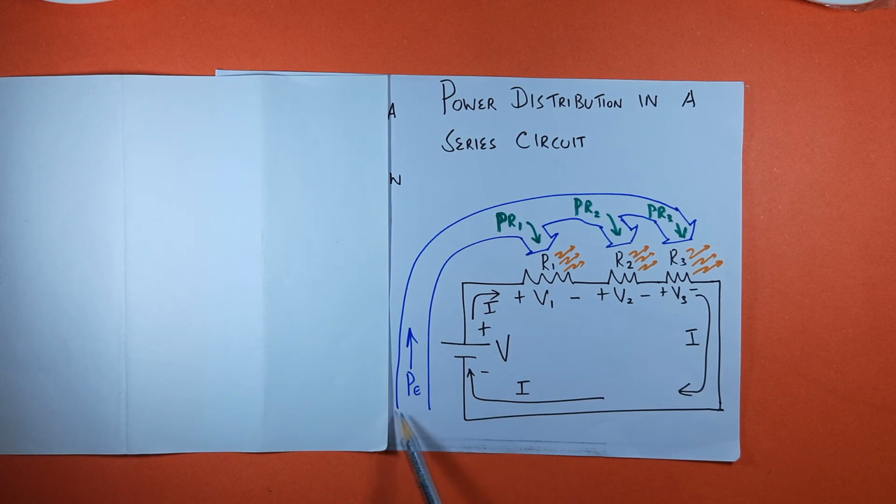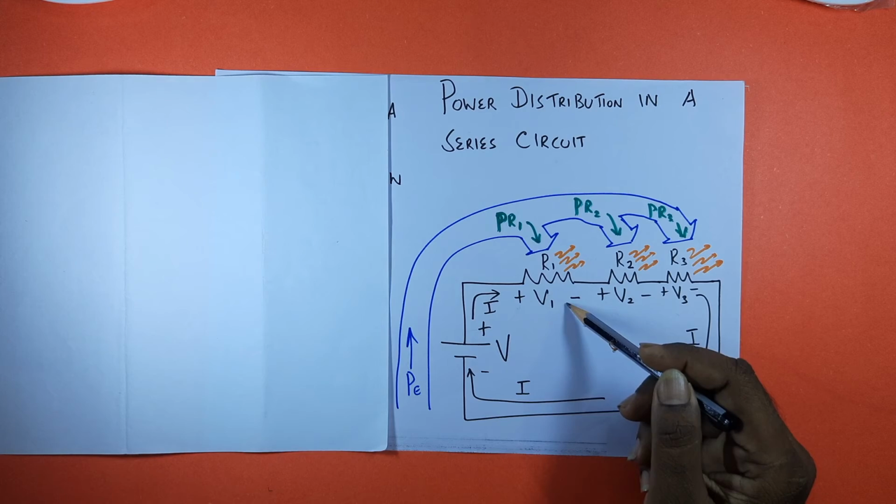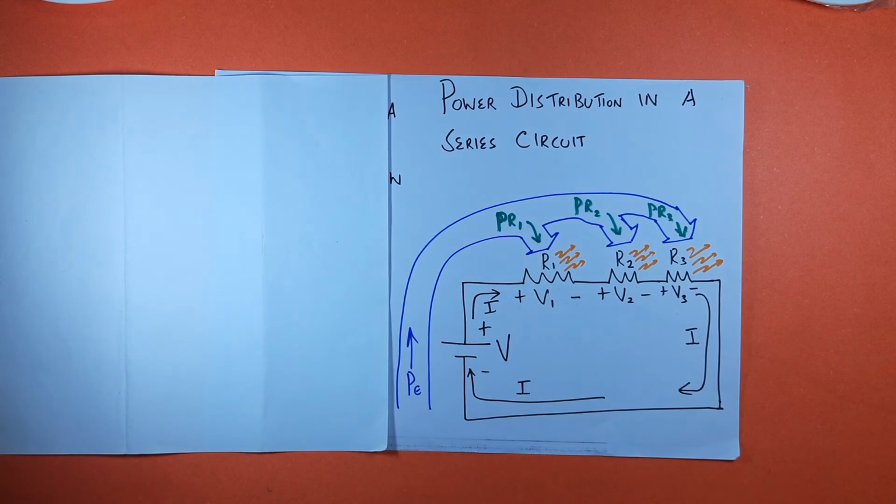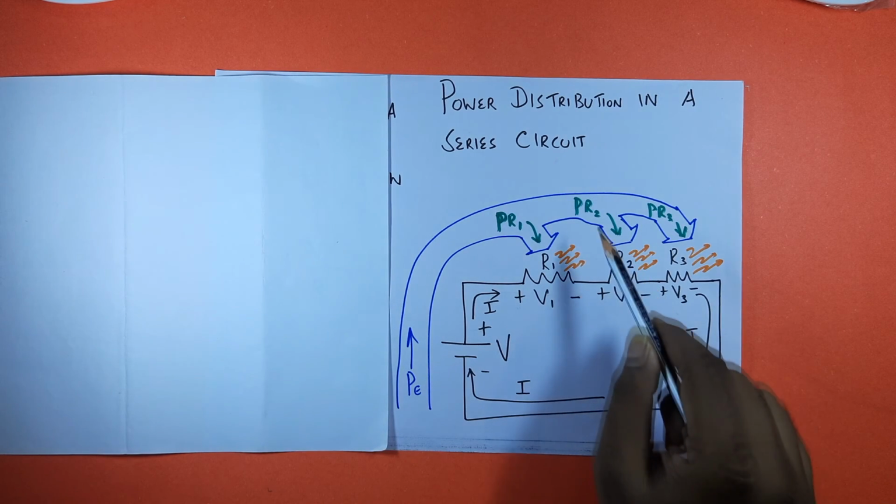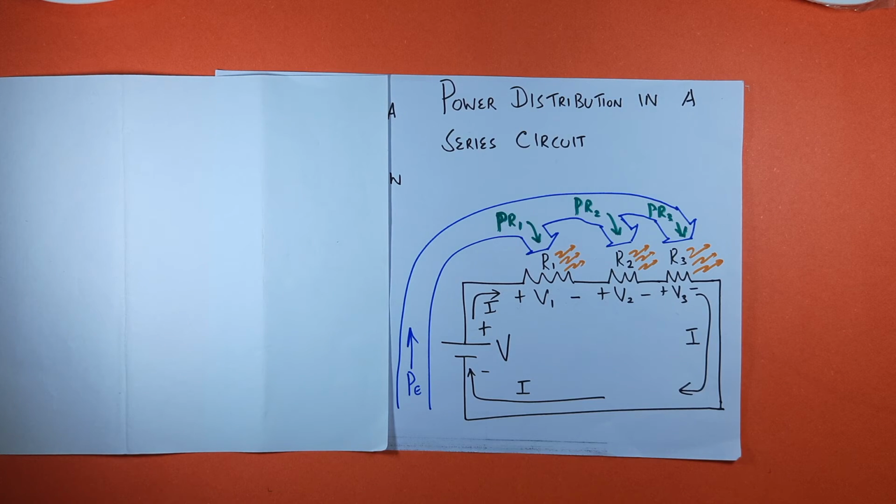Here PE is the power supplied by the DC supply, and this power gets dissipated in the form of heat in the resistors. The power dissipated in resistor R1 we denote by PR1, in resistor R2 by PR2, and in resistor R3 by PR3.